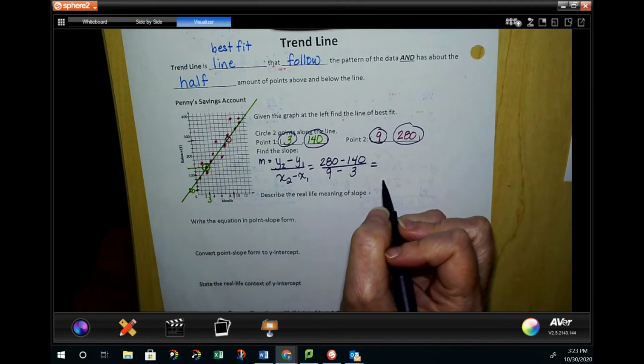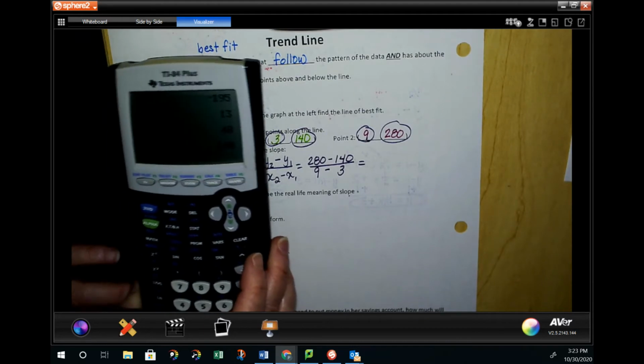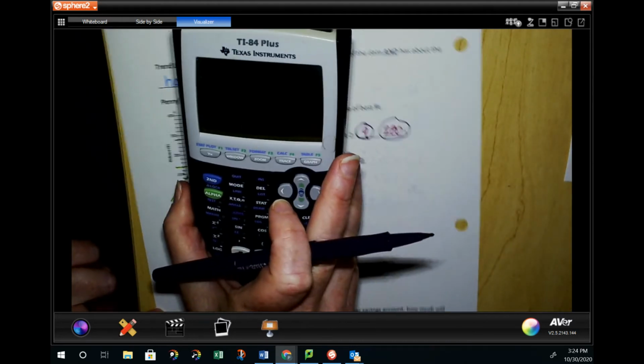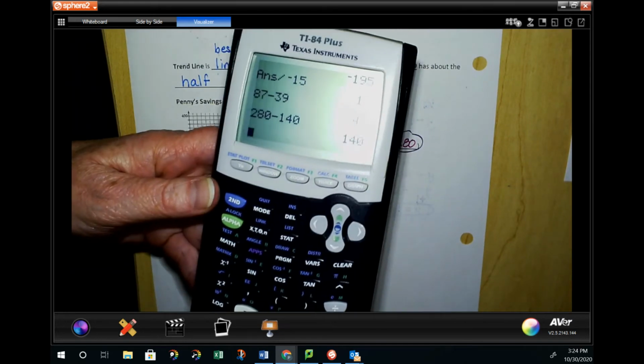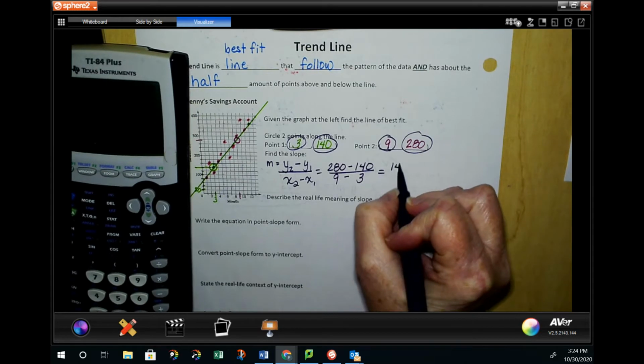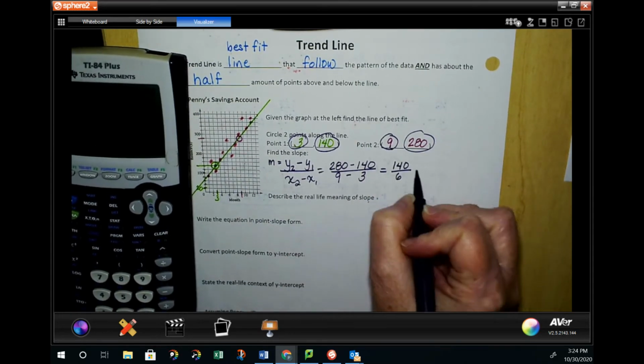And you're going to use your Desmos friend to find that equation. So 280 minus 140, and obviously I like to use my calculator. 280 minus 140 gives me 140. And then 9 minus 3, I can do that in my head.